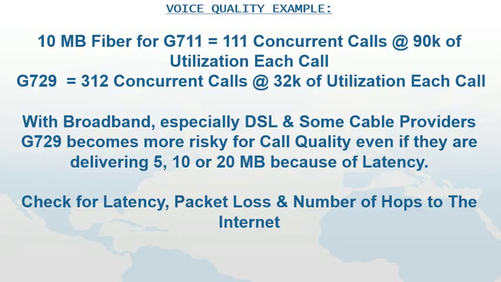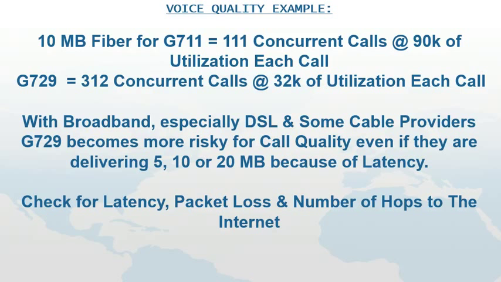And this example is a metric to compare how much bandwidth you need for either codec based on the number of concurrent calls. For G711, most ISPs are able to shine whether it's the local cable company, T1, or fiber company.